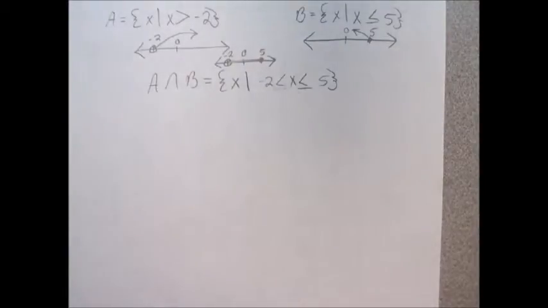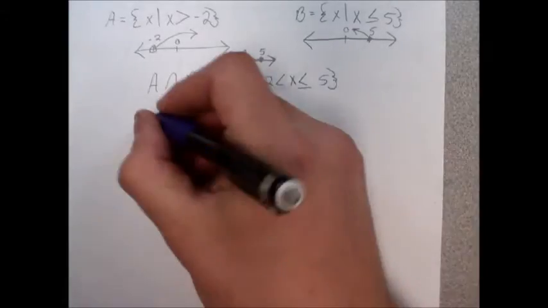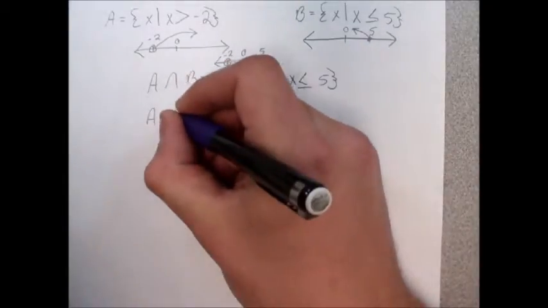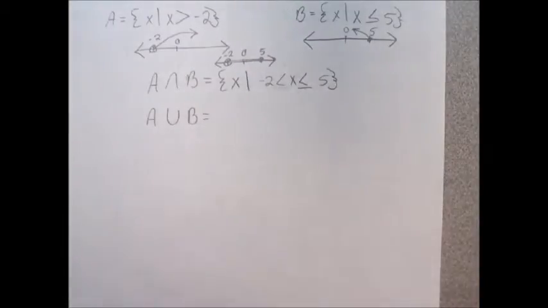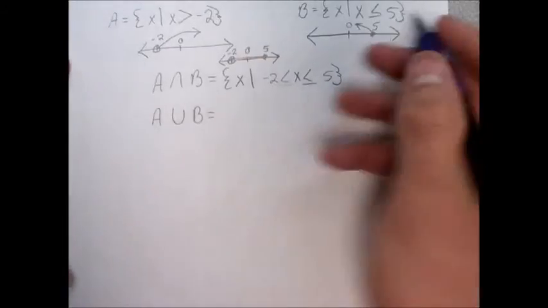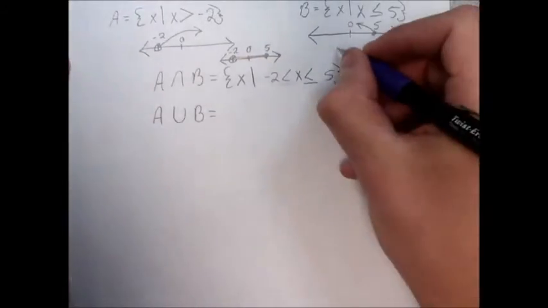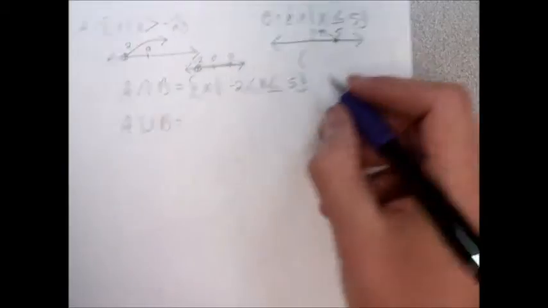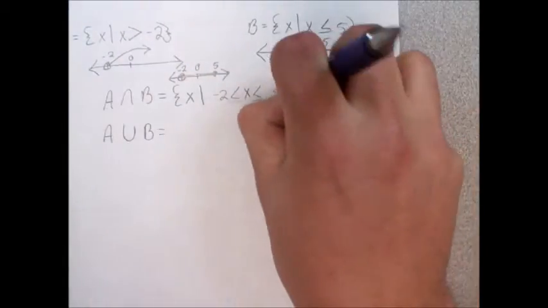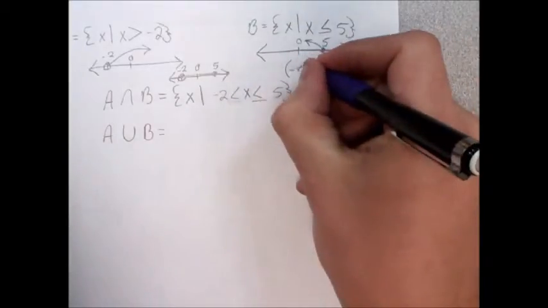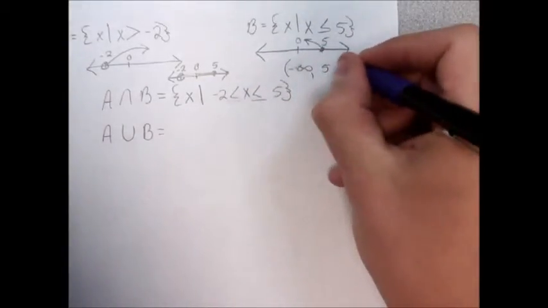Any questions? What if we talked about the union of those two? So let's look at what that is. Keep in mind that the way I would write this one in interval notation would be negative infinity to positive 5, bracket.